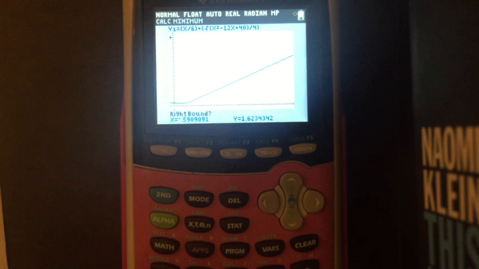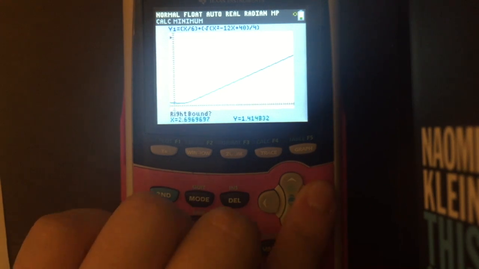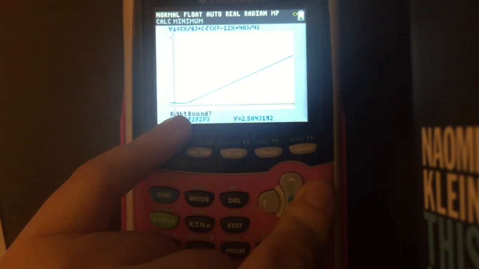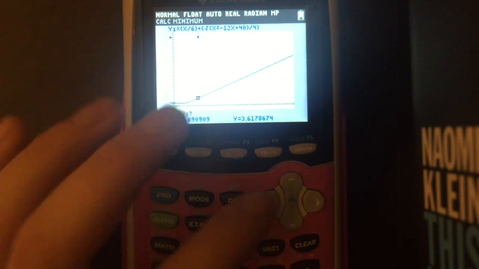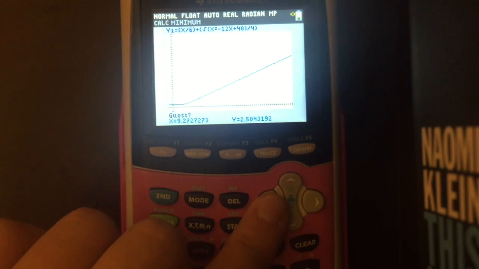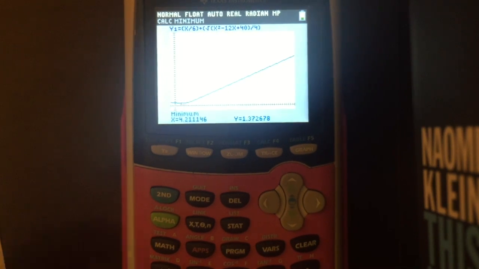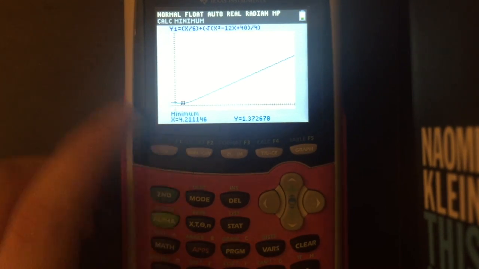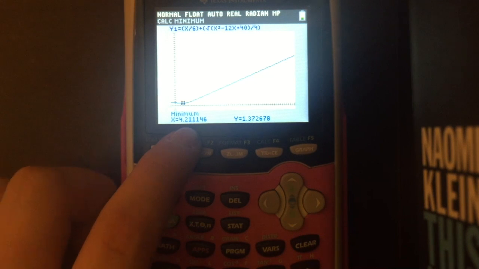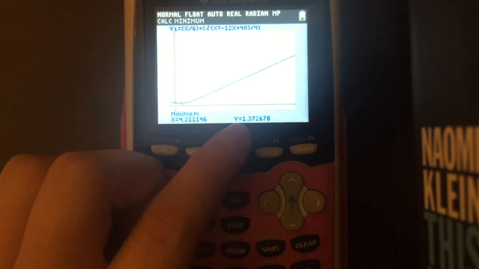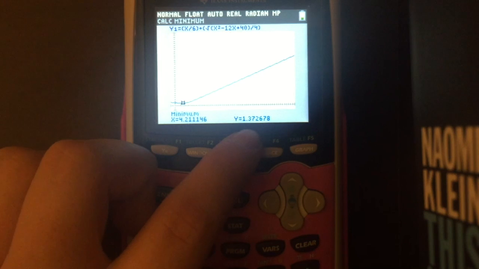So I can just guess, and then I'm going to go right bound. I'm trying to get it in between what I believe my minimum is. I don't know the exact value, but I can guess it's somewhere in between, so I'm just going to guess right here. And then my calculator is going to give me my minimum. So it's saying my minimum x value is 4.21, and then my minimum y value is 1.37.